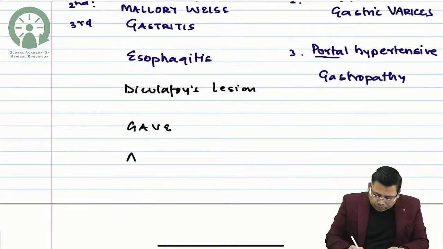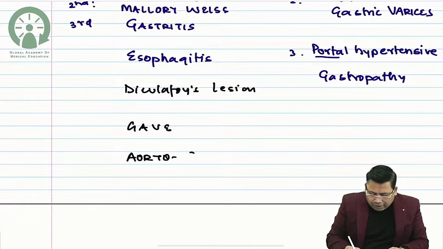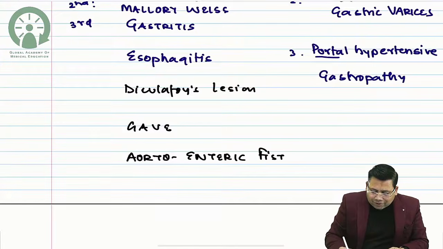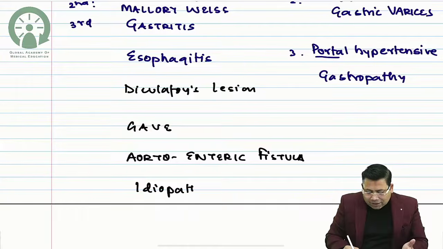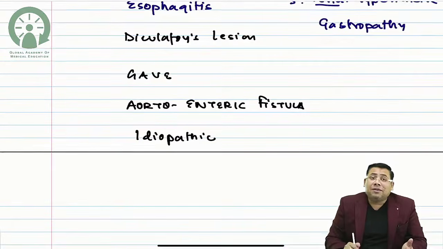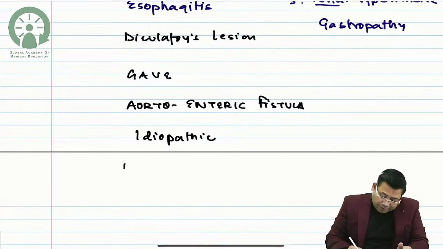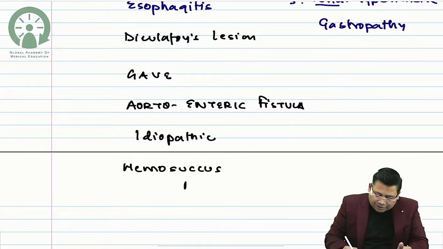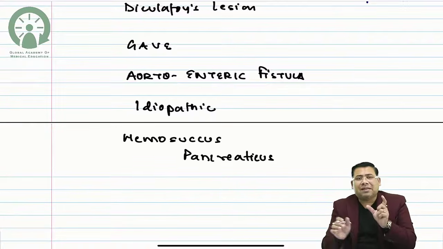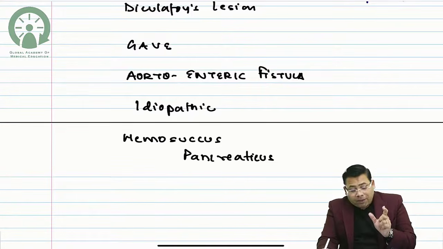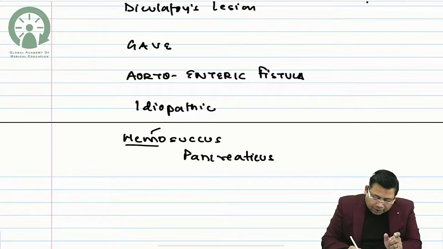So you have aortoenteric fistula. There is one more classical thing that you should know, that it can be idiopathic. There is one more thing that you need to understand, that is hemosuccus pancreaticus. Now what is hemosuccus pancreaticus? As you read the word, succus means the juice, blood in the juice of the pancreas.